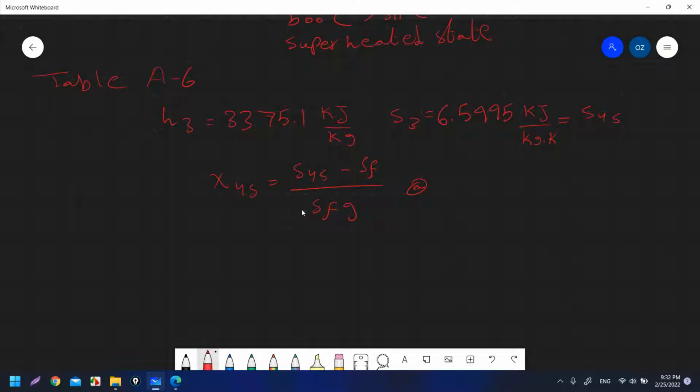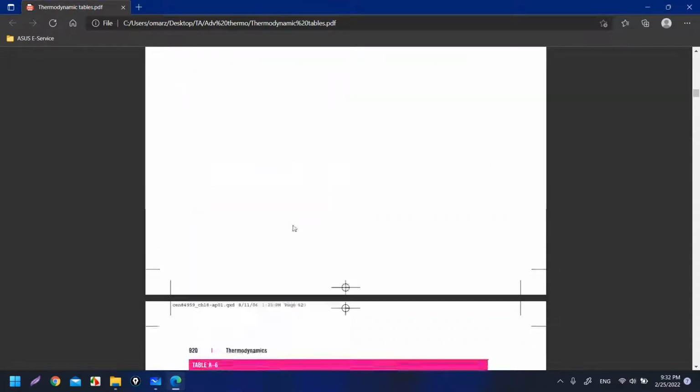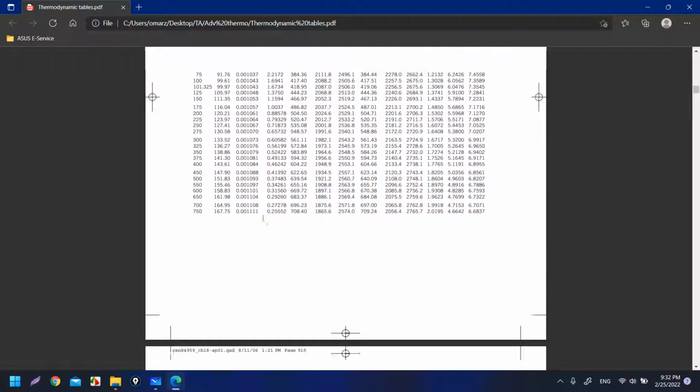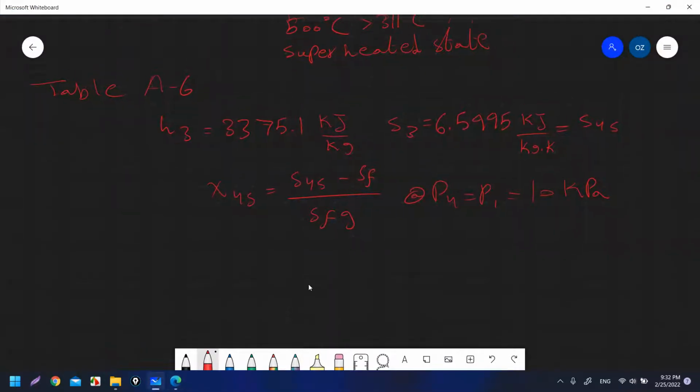It is state 4, so pressure P4 equals P1, the condenser pressure, 10 kilopascal. To find SF and SFG, I will go to table A5, the pressure table, at 10 kilopascal, and take these two numbers for SF and SFG. SFG is SG, this one, minus SF. As you like, do whatever you want.